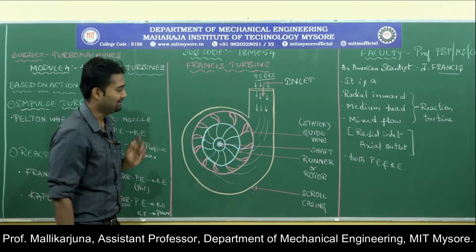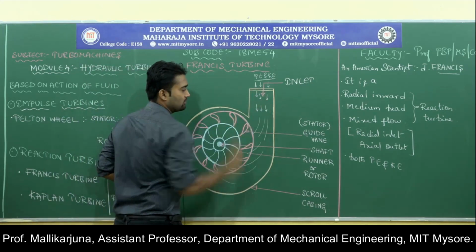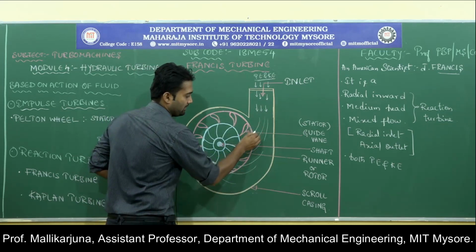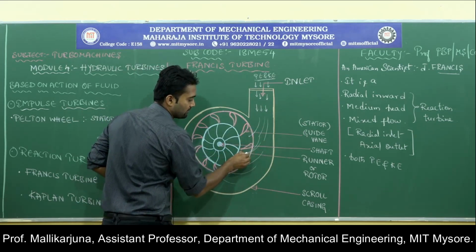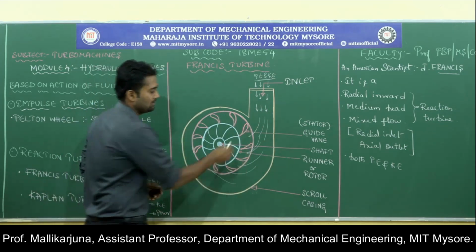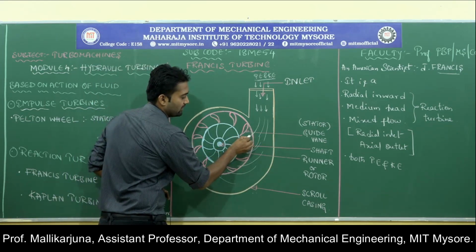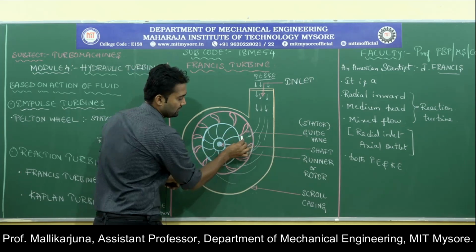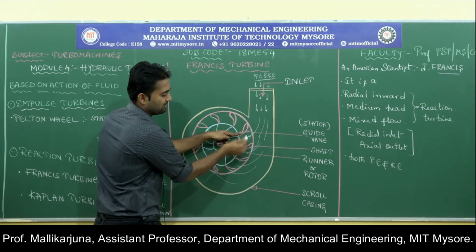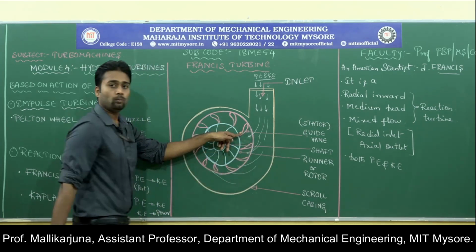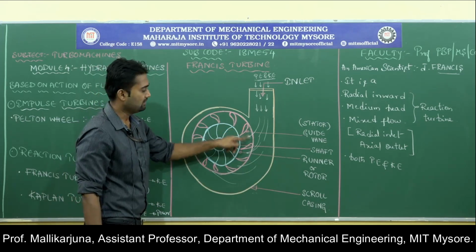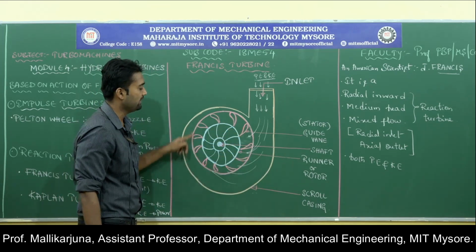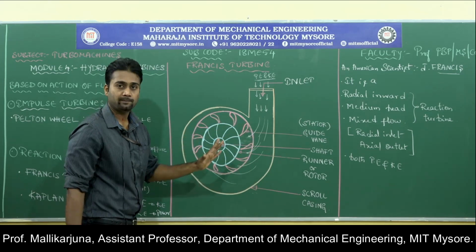Now we need to understand what happens in this wheel. Once it enters the casing, it initially enters the set of guide vanes. Say for example, fluid is entering over here. This is the passage present in between two guide vanes. These are the guide vanes. Make sure these guide vanes are not going to rotate.